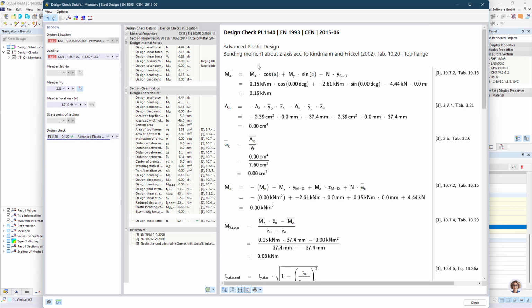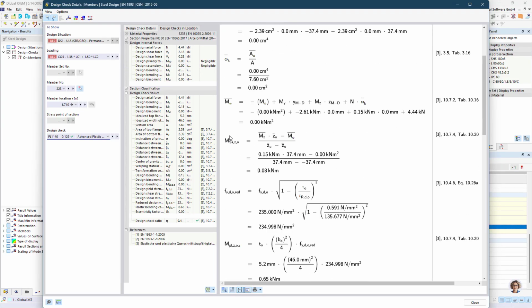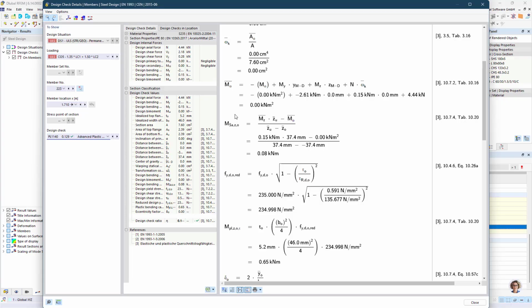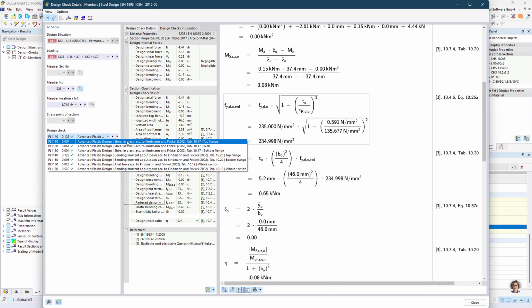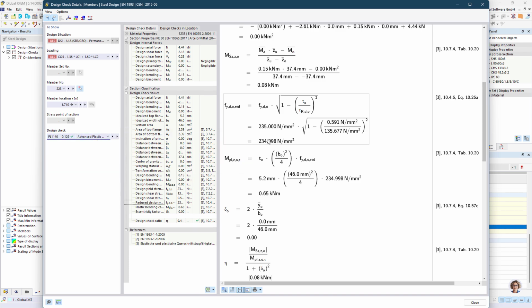Again, transformation of internal forces, calculation of partial internal forces. And now this is the important part, our reduction of the yield strength based on this expression from the design check before. So in this case, we have only a really small reduction because we had a design check ratio here of about 0.4%, but of course the reduction can be bigger.